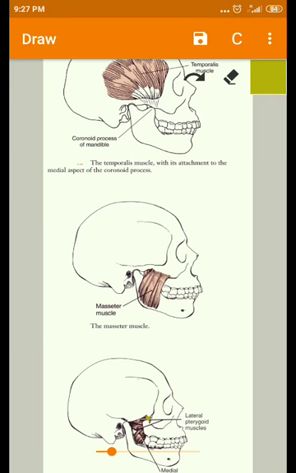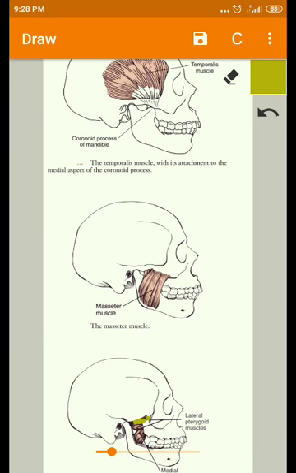So mandibular elevation is primarily brought about by temporalis as well as the masseter and the medial pterygoid muscles. The superior portion of the lateral pterygoid muscle is also active in the elevation of the mandible.